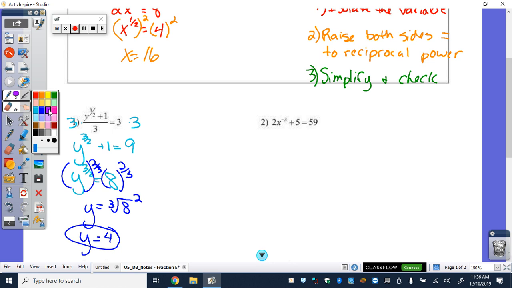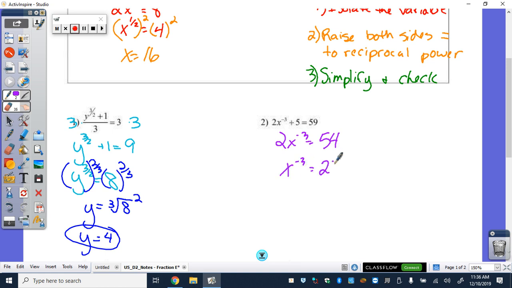For our second example, again, get x by itself, so subtract our 5. And I get 2x to the negative third equals 54. Divide by 2, and I get 27. So what would be our reciprocal of negative 3?